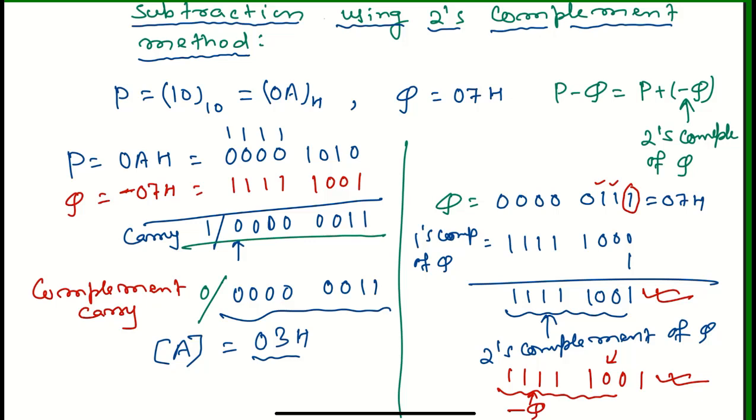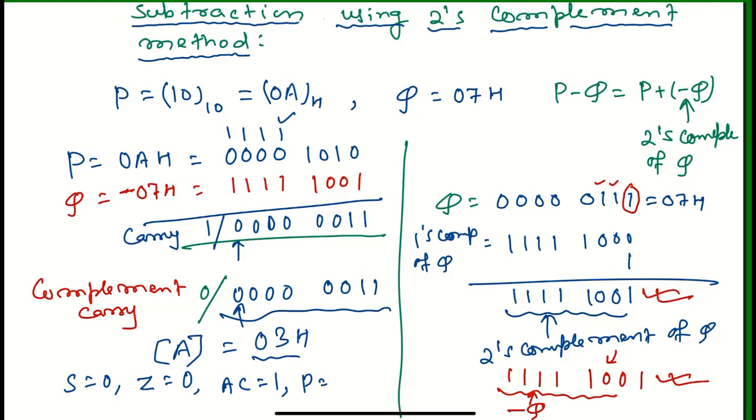Here the sign bit is 0, so the sign flag will be 0. Then we have to check the zero flag. This result is non-zero, so the zero flag will also be reset. Then we have the auxiliary carry. Auxiliary carry is generated here, so the auxiliary carry bit will be 1.